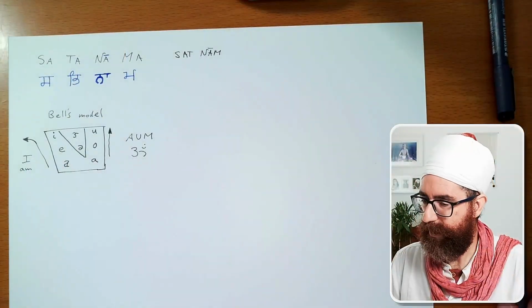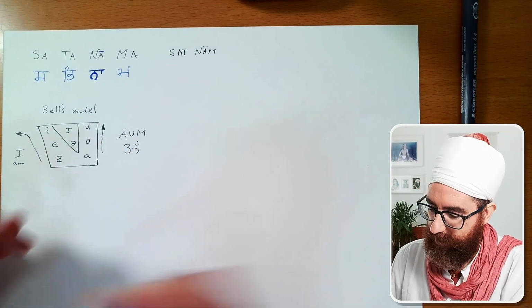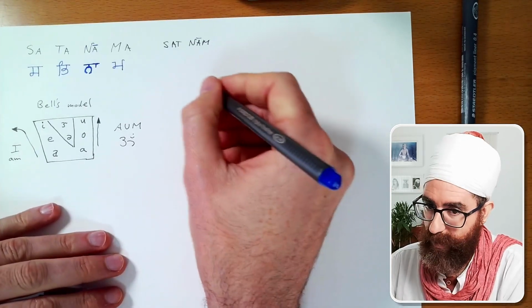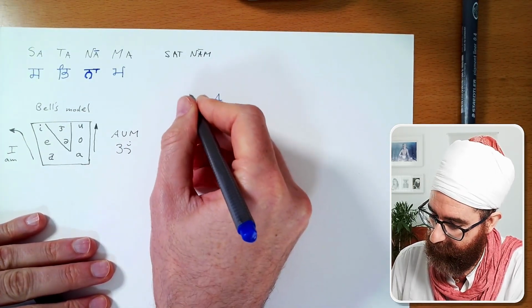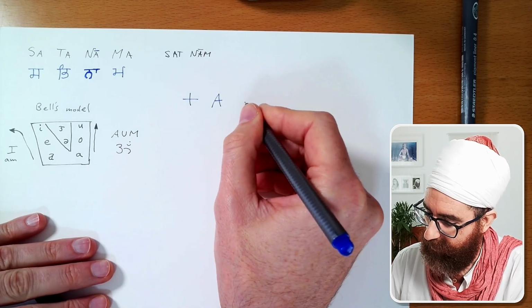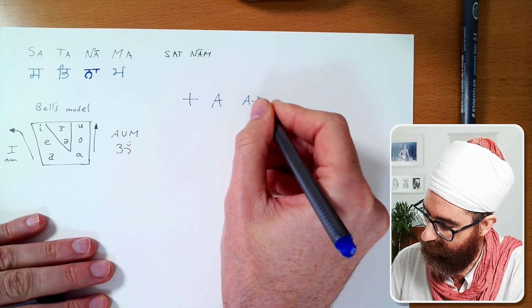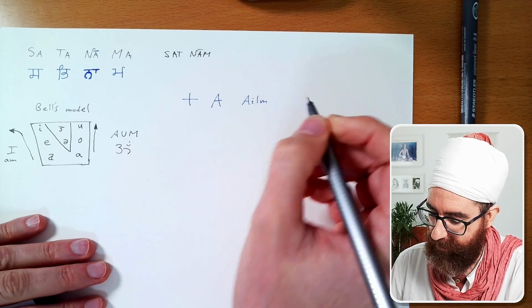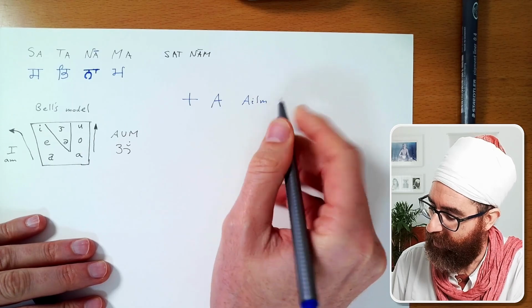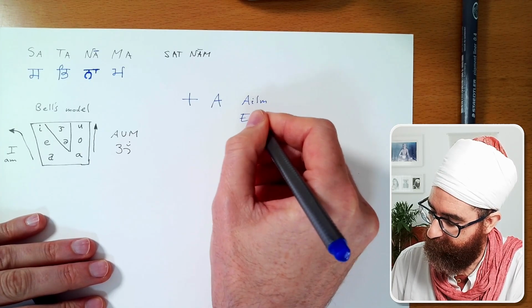So, for example, looking at the letter A, I think this is the symbol, and it's called alum, I think it's pronounced, but it's elm, the elm tree.